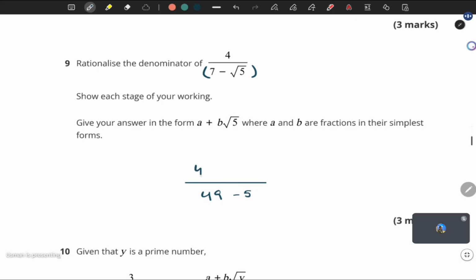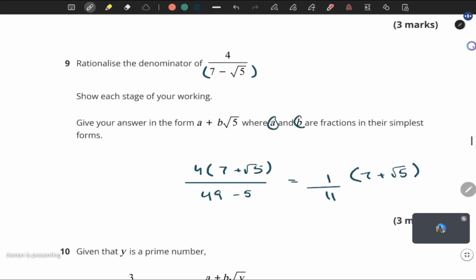And on the top, you'll get 4 multiplied by 7 plus root 5. So this becomes 4 over 44 bracket 7 plus root 5. So 4 over 44 becomes 1 over 11.